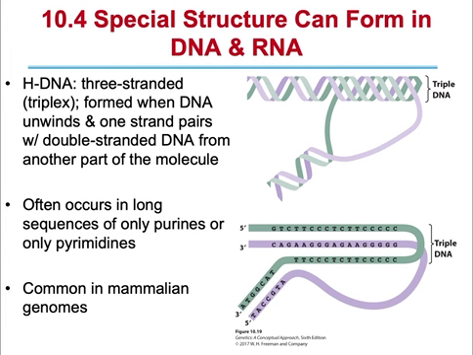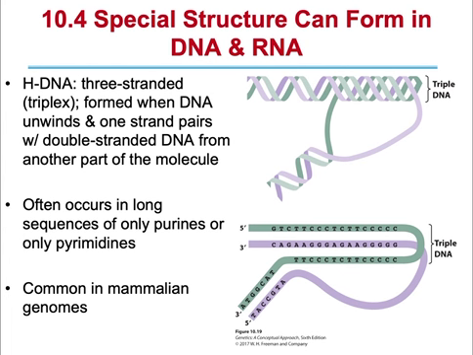DNA sequences can also sometimes form three-stranded structures or triplex structures called hDNA. When some of the DNA unwinds and a single polynucleotide strand from one part of the molecule pairs with a double-strand DNA from another part of the molecule. This is possible because under certain conditions, one base can simultaneously pair with two other bases. hDNA often occurs in long sequences containing only purines or only pyrimidines.